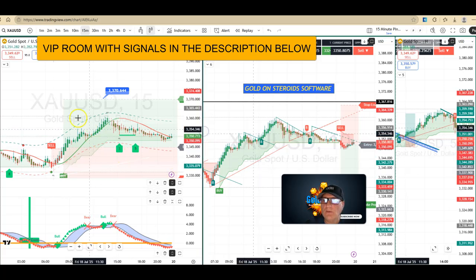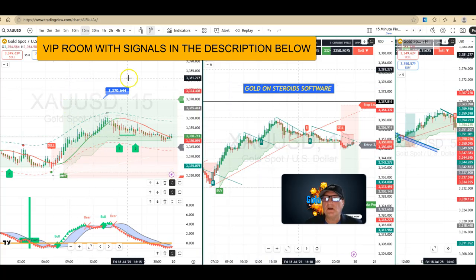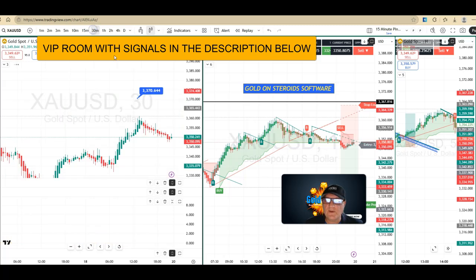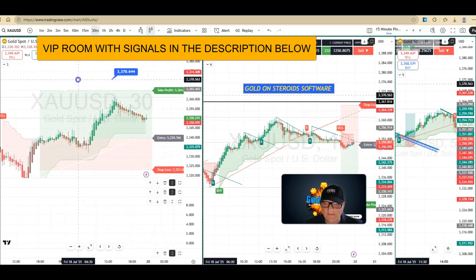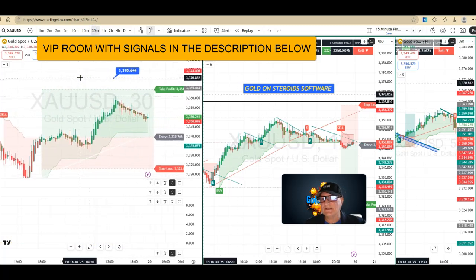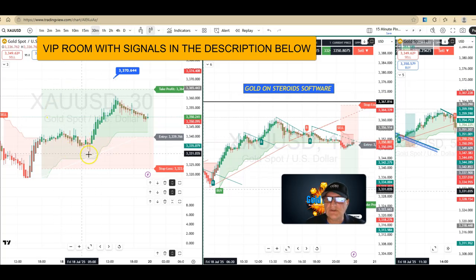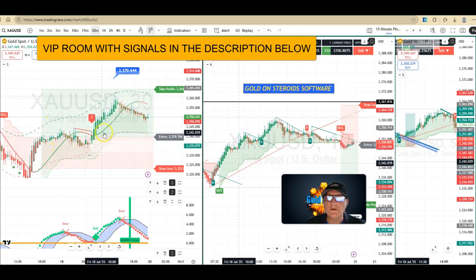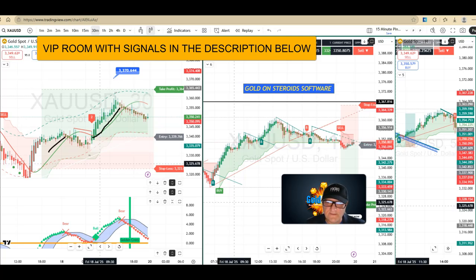Simple. Now, one thing that I do each morning, I will actually climb up to the 30-minute chart to see what is happening, and we can see that the price is bullish as we head forward. And I want to see the price above the 50. That is the rules.